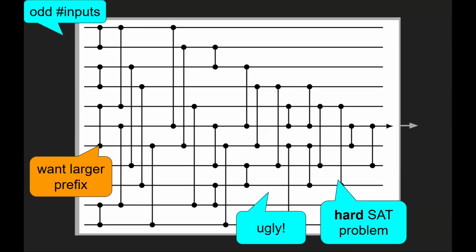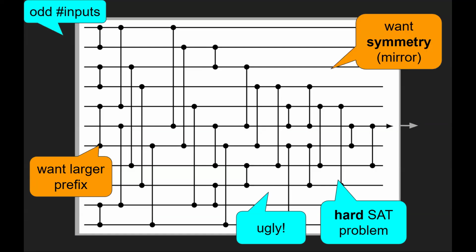The only reasonable guess I can make is that I need one layer of comparators here, and that's it. So I want this to be larger. But I also want to reduce the search in this problem. So I want symmetry. I would like these networks, if you flip them over, to still compute the median. That's what I want. So I want to search for symmetrical networks, not for these ugly, weird, non-Christmas-tree looking networks.